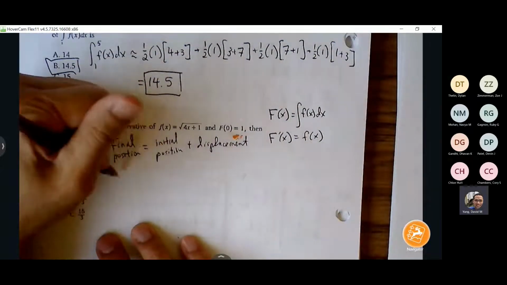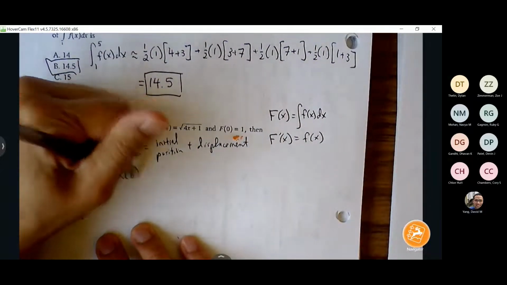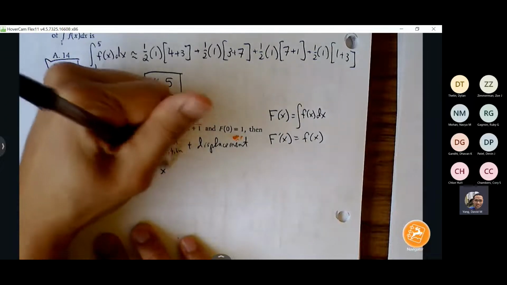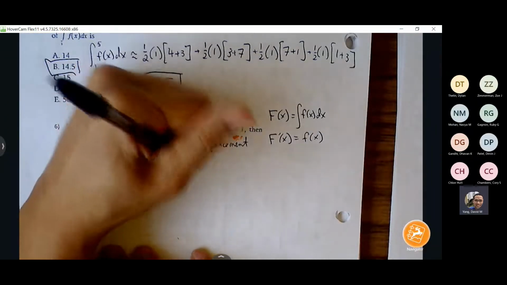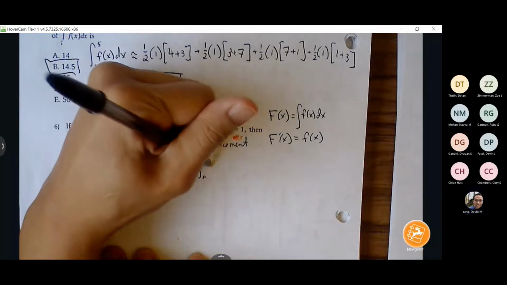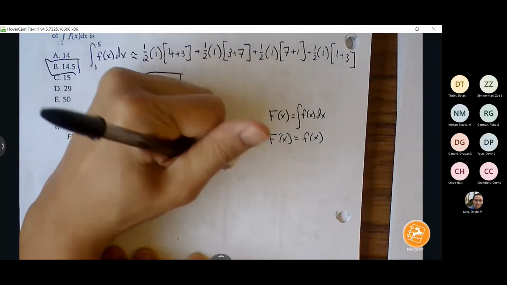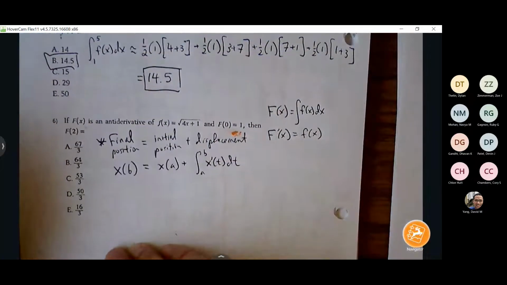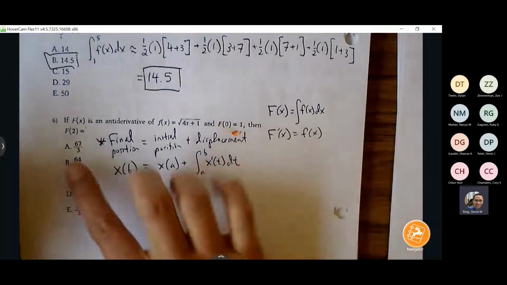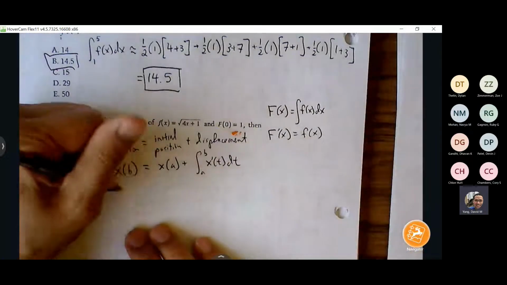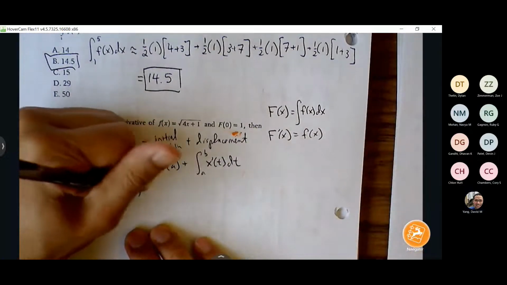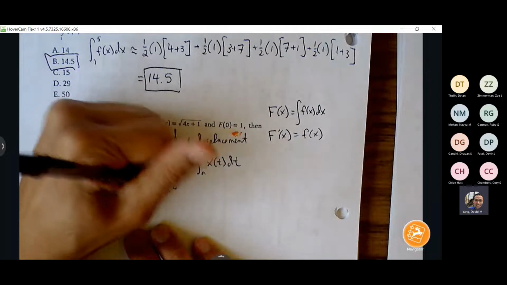All right, we've worked with this formula a lot here. It states x of b equals x of a plus the definite integral from a to b of x prime. We can adapt it for our problem here. I'm looking for uppercase F of 2. I have uppercase F of 0.